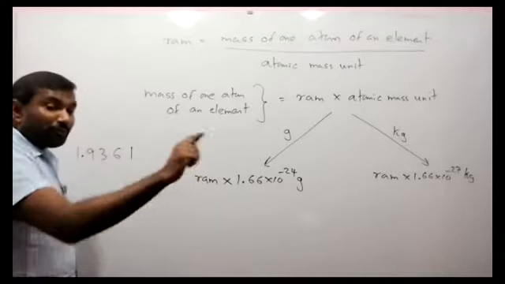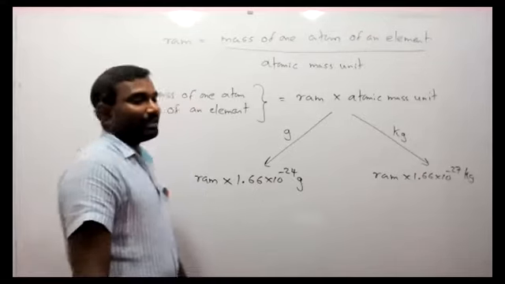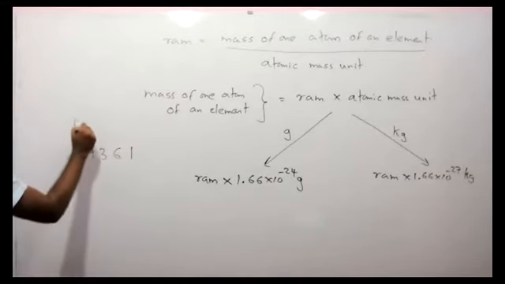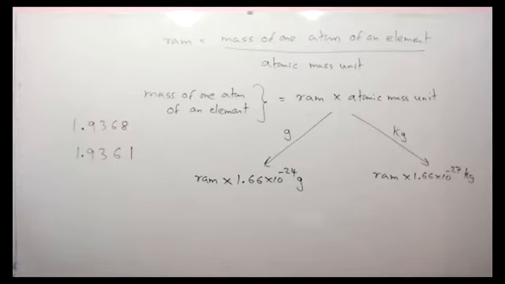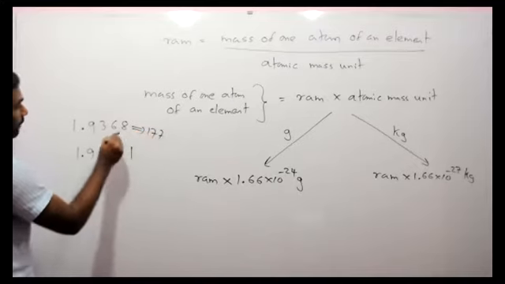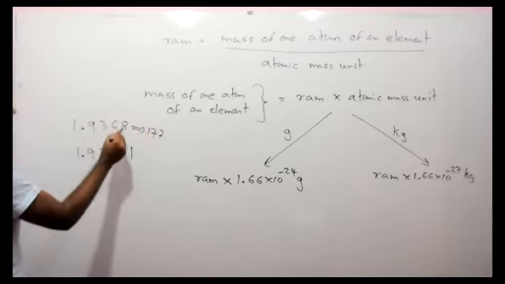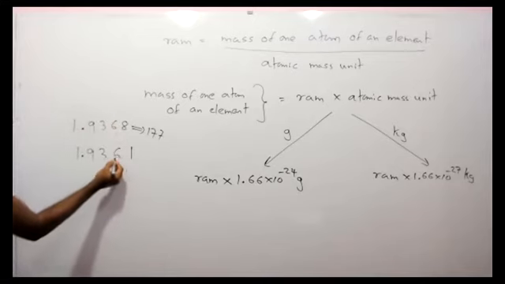And the cutoff mark for medical faculty that year was 1.9368. The 177th student had 1.9368, so he was selected to medicine. This was 1.9361.